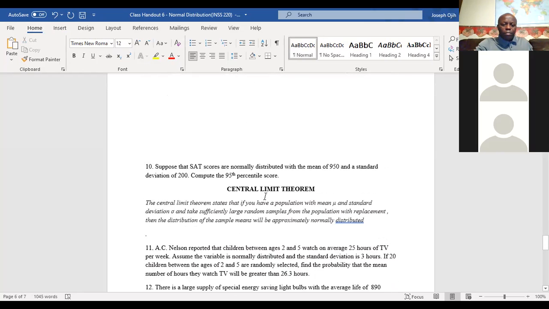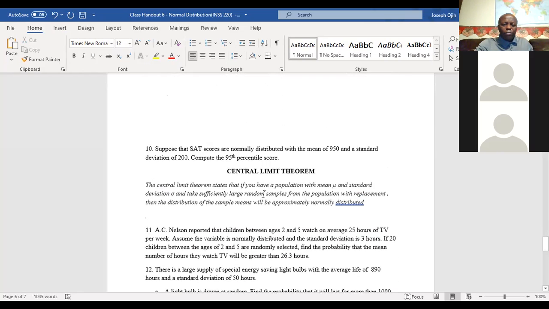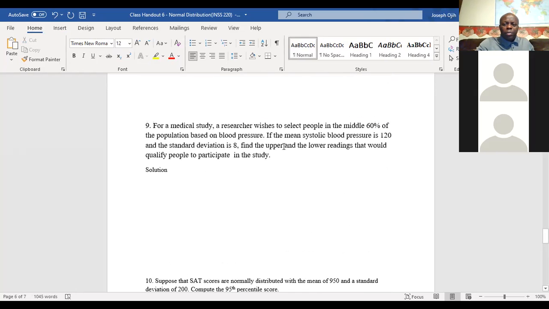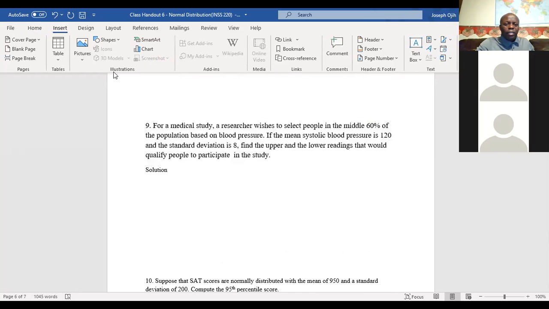Now, the mean is given, and the standard deviation is also given. They say that the mean is 120.